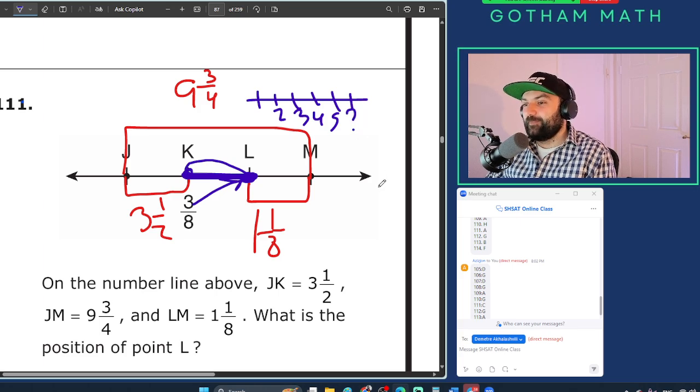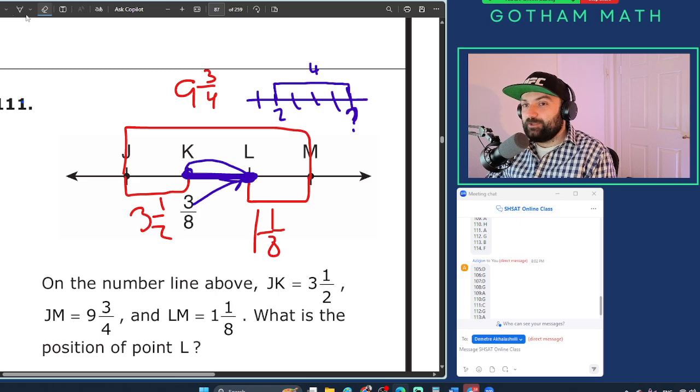How do you know where that something is? If I say that this distance is 4, would you be able to tell me what this question mark is, without seeing 2, 3, 4, 5?